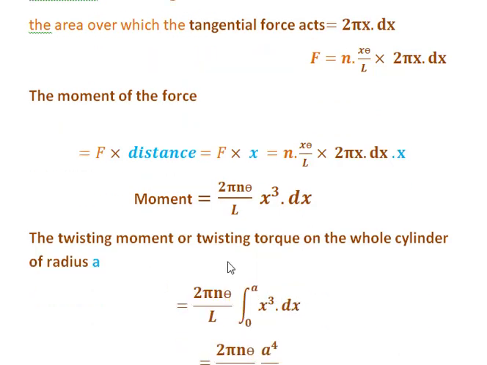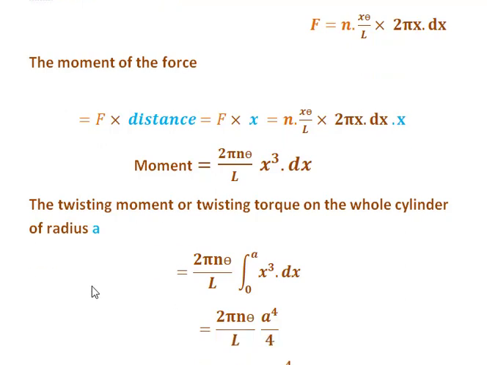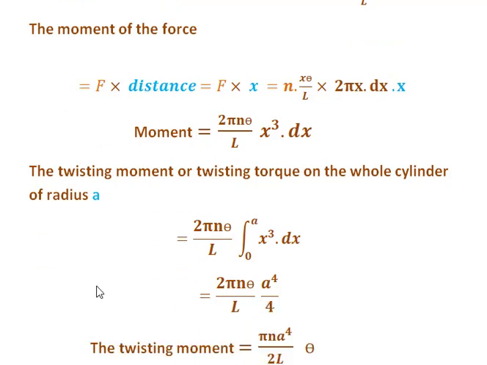So the twisting moment or twisting torque on the whole cylinder of radius a is given by integrating this value. The constant values are taken out, and the integration lower limit is 0 and the maximum is up to the radius a.